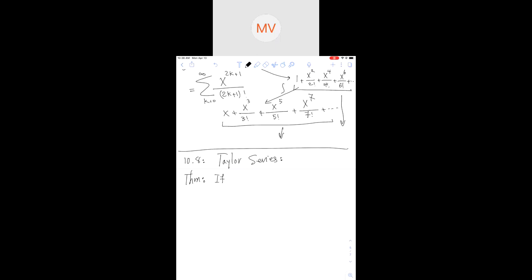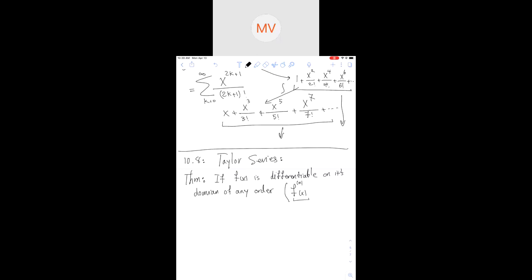If f of x is differentiable on its domain of any order, I'll explain this by just writing this. Basically, any order derivative of f, nth order.